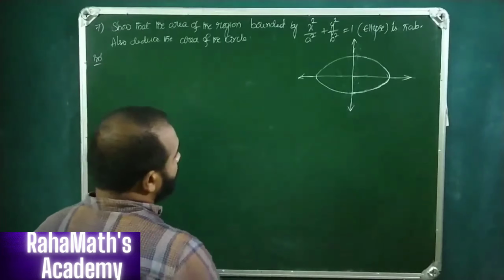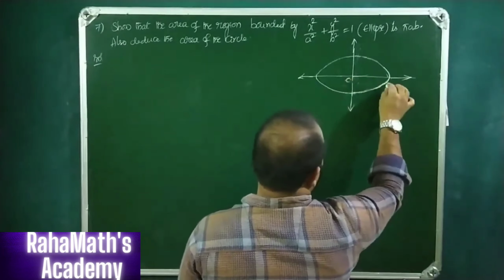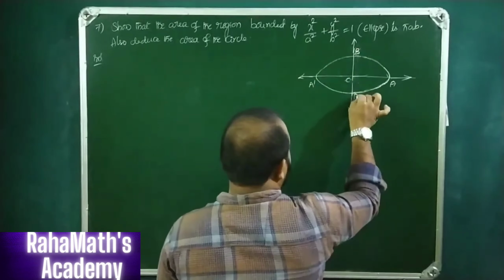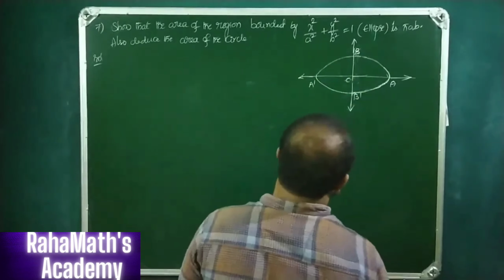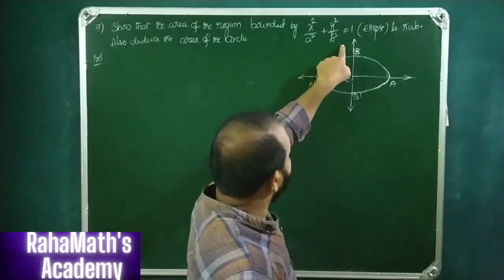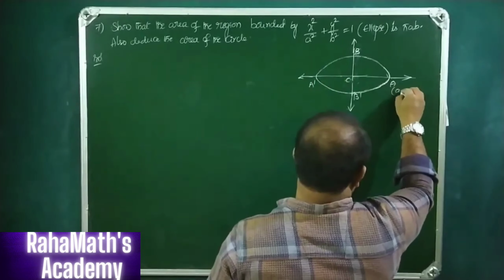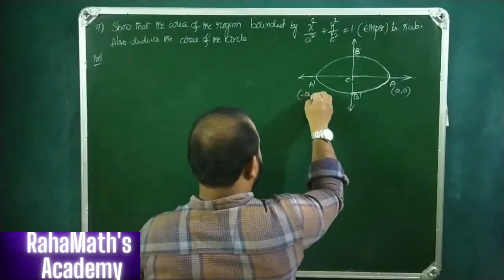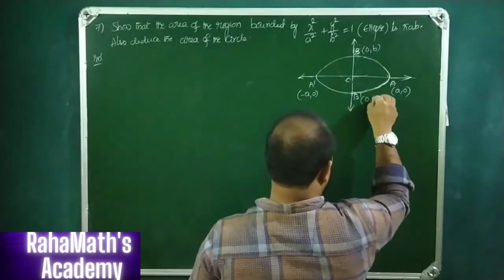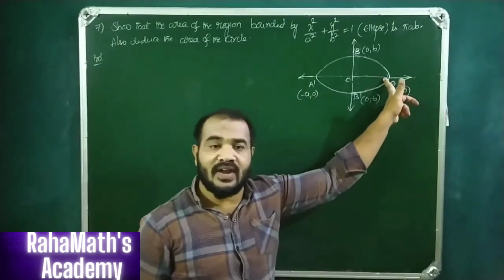So this is O, C, A, A dash, B, B dash. This is x square by a square plus y square by b square equals 1. So this is a comma 0, minus a comma 0. This is 0 comma b and this is 0 comma minus b. So A A dash is the major axis.